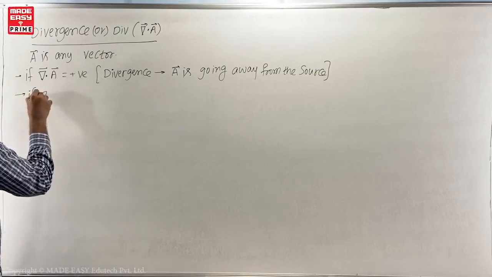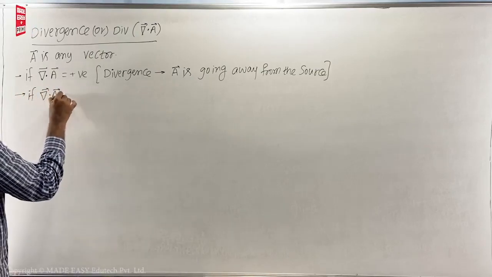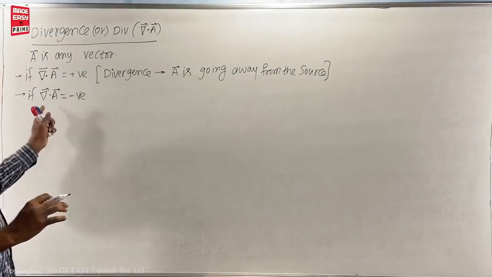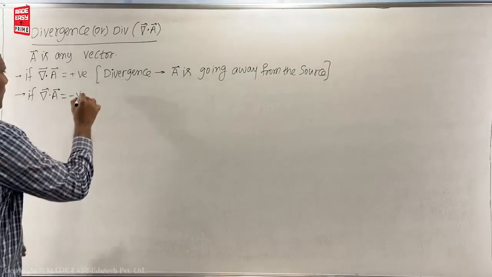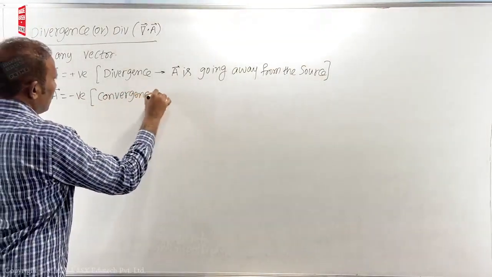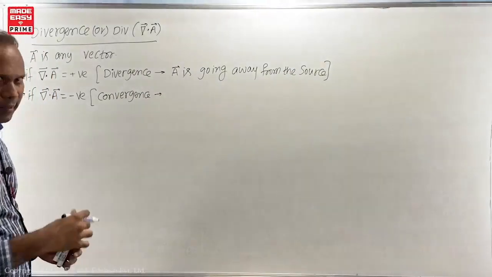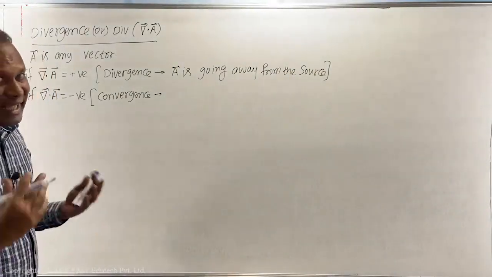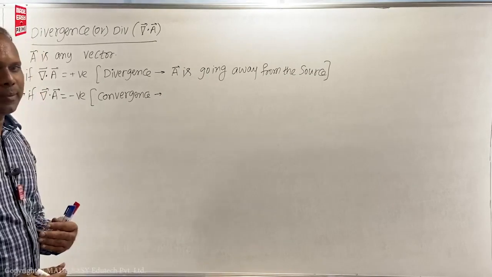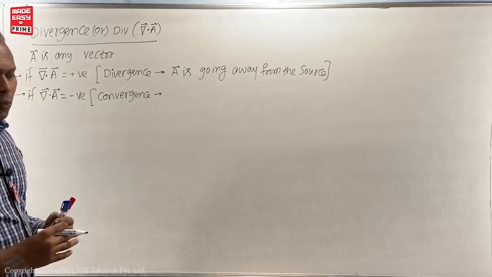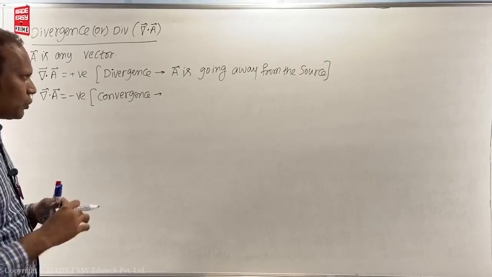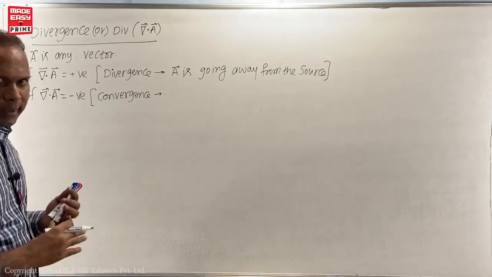If divergence of a bar is negative, in the question a bar vector is given, and you got the answer negative, then that is called convergence. Convergence means coming towards, for example, coming towards the sink. For example, light rays come towards the black object, then they end there. वो लाइट रेस काला वाला ऑब्जेक्ट के पास आके खत्म हो जाता है, उसको सिंक बोलता है. सिंक मतलब खत्म करने वाला है.